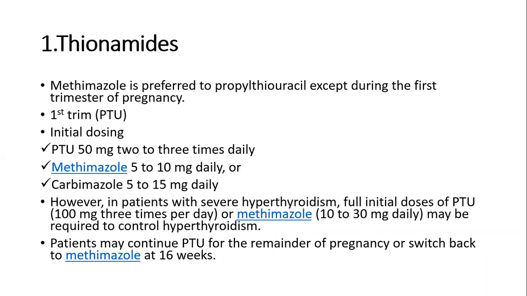However, in patients with severe hyperthyroidism, the full doses of PTU, which are usually 100 milligrams 3 times per day, or methimazole 10 to 30 milligrams daily, may be required to control hyperthyroidism. And patients may continue with PTU for the remainder of pregnancy or switch back to methimazole at 16 weeks of pregnancy.